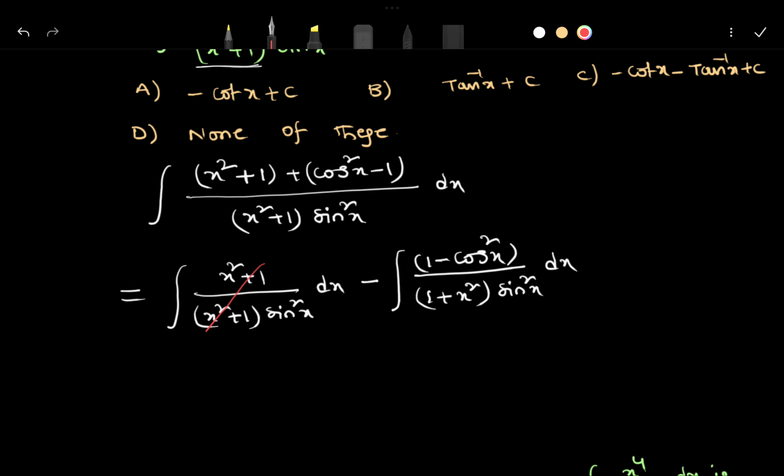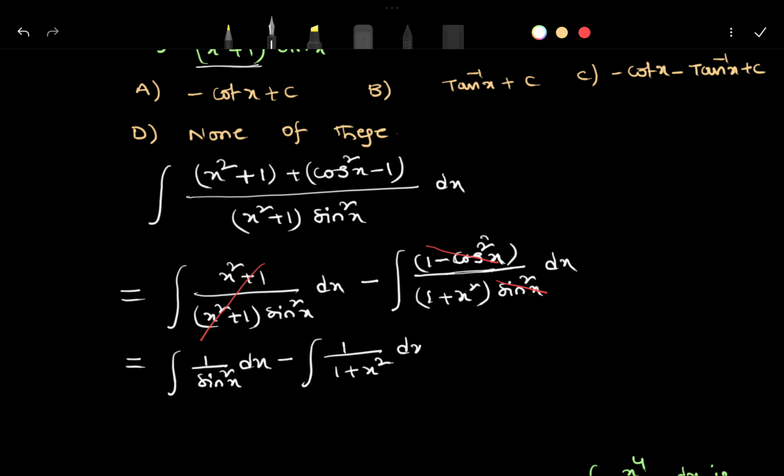So here 1 plus x square will be cancelled in the first part, and 1 minus cos square x, that is sin square x, will be cancelled in the other. Now we can write this as the integration of 1 by sin square x into dx minus the integration of 1 by (1 plus x square) into dx.